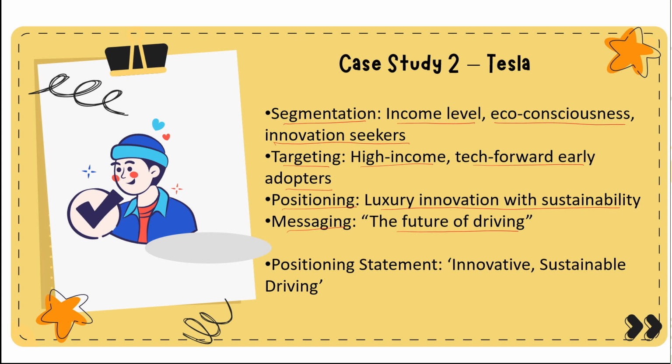Simple, very clear, but very effective and impactful. It not only emphasizes the ecological and environmental concern, but also creates an impression that it is a technologically innovative company for the consumer to deal with. So, what is the positioning statement? Innovative, sustainable driving.